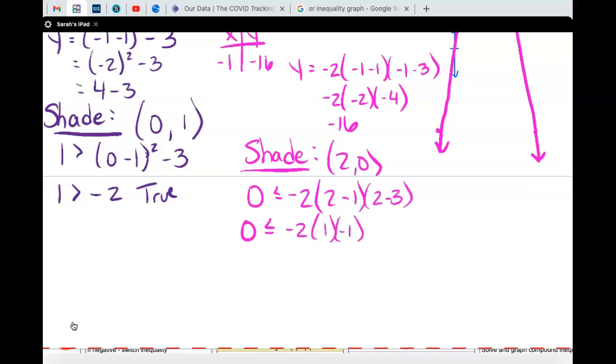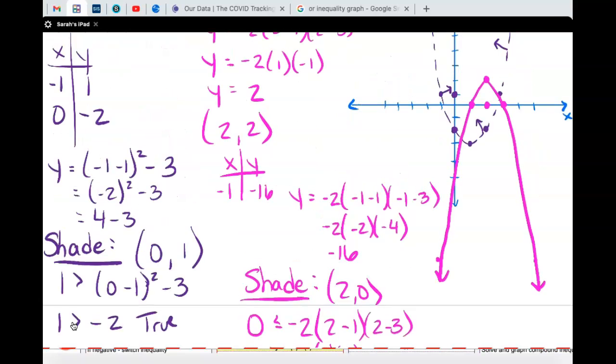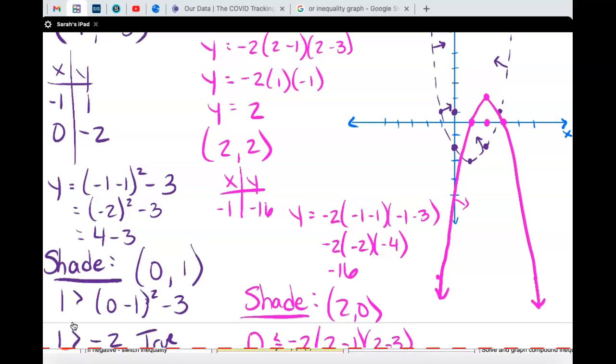That would be 2. So is that true or false? It is true. Yep, 0 is less than 2. So you'll be shading between them. Yes, we're inside this pink one. So where they overlap is right there. That little crevice.